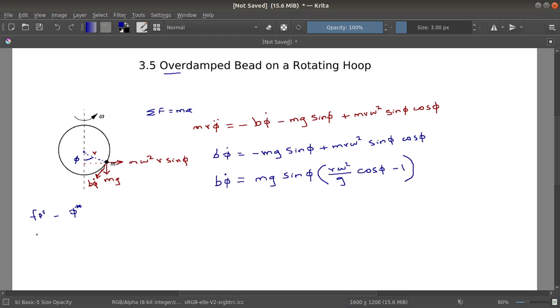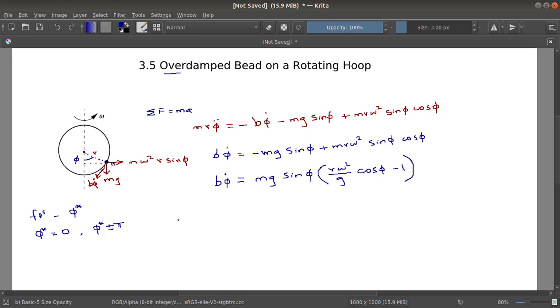It will go to 0 when phi is equal to 0, or is equal to plus or minus pi. Okay, plus or minus pi, and when this goes to 0, this goes to 0.